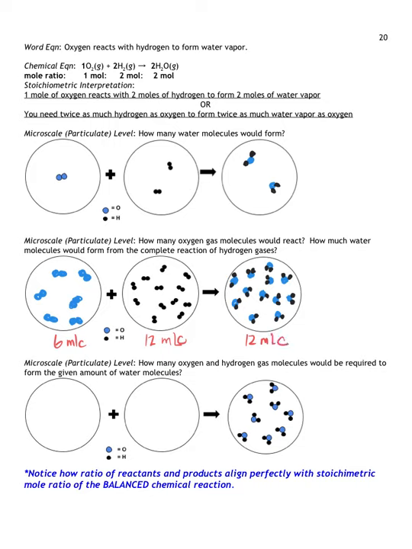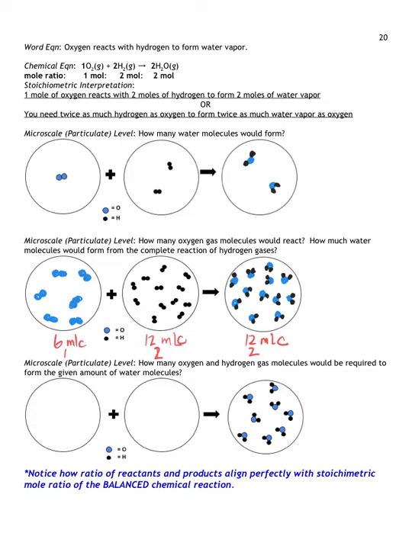Notice how this ratio really aligns with the stoichiometric mole ratio. It's a 1 to 2 to 2. You reduce 6 to 12 to 12, it reduces down to 1 to 2 to 2. So that ratio really has to adhere very well to the balanced equation. All right, let's move on to the next.